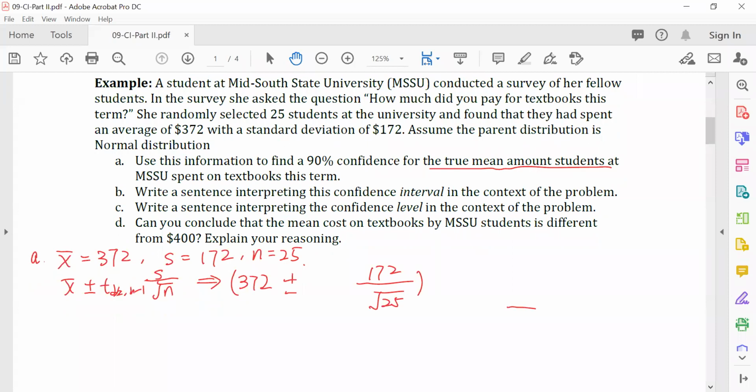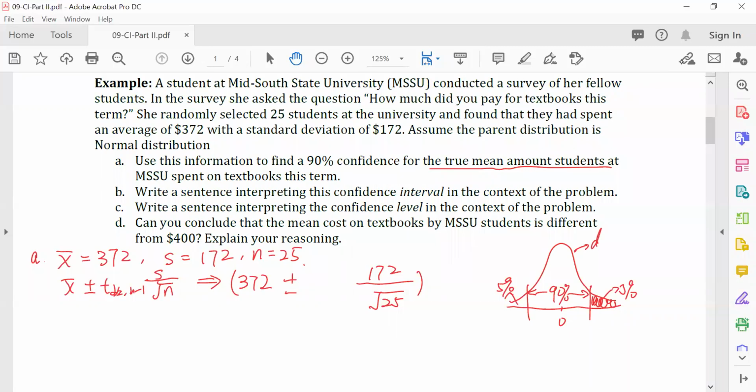So I'm going to draw the graph here. It's a 90% confidence interval, so the value here would be 5% here and 5% here.